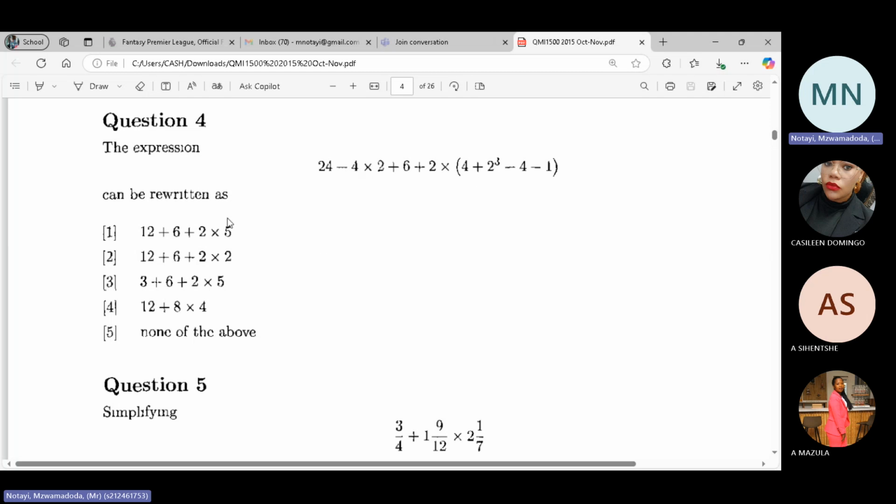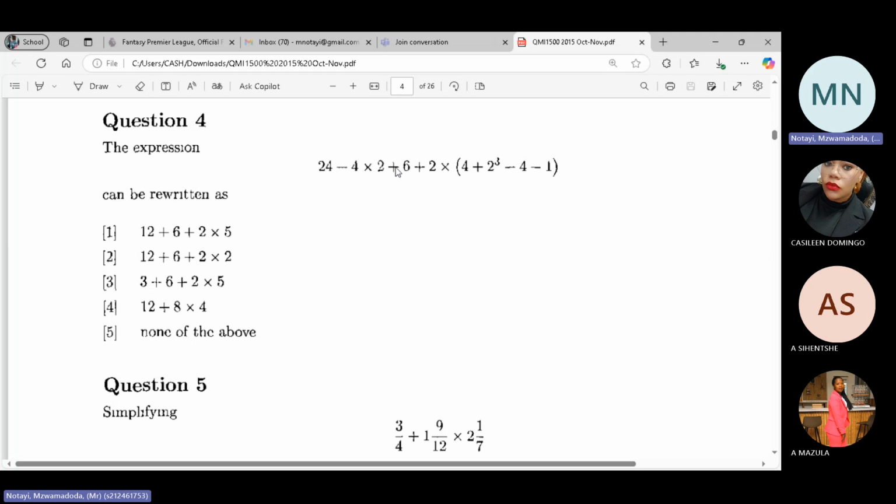In all the options, the last part has a multiplication, so it's a 2 multiplied by something, and we leave it as 2 multiplied by our 7. And then 24 minus 8 gives us 16.